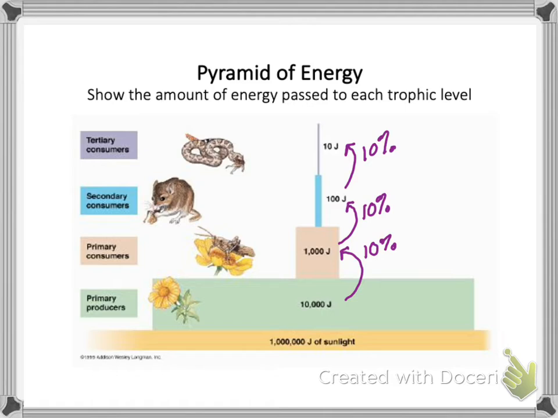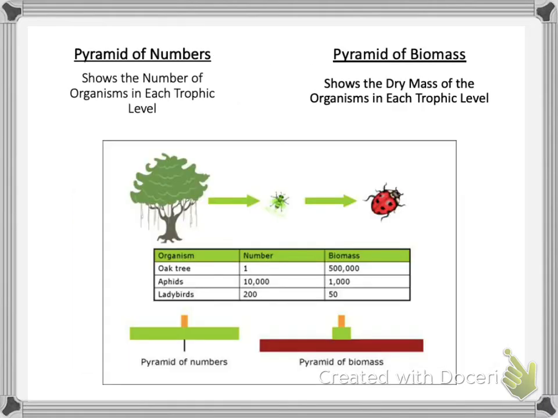As a result, this snake, this tertiary consumer, is going to have to eat a lot of mice in order to gain enough energy to survive, because it's getting less of the original energy. And that mouse will have to eat several crickets in order to get enough energy, and that cricket will have to eat several plants in order to survive. So energy loss creates this need for consumption to gain enough energy to survive.